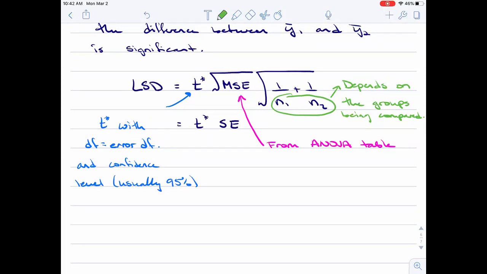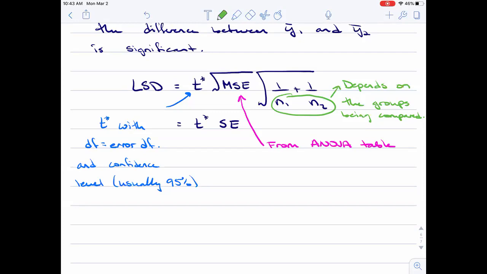Another thing that I thought of was, this looks a lot like, t star times the square root of the mean squared error times the square root of 1 over n1 plus 1 over n2.